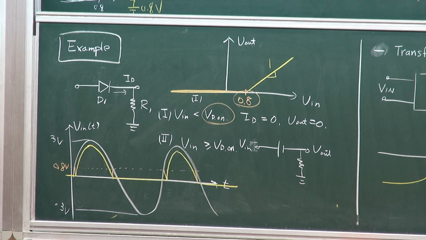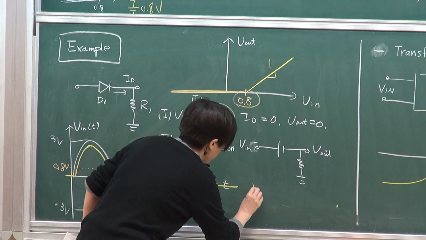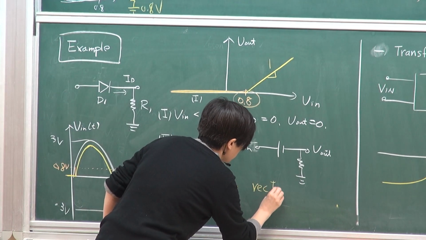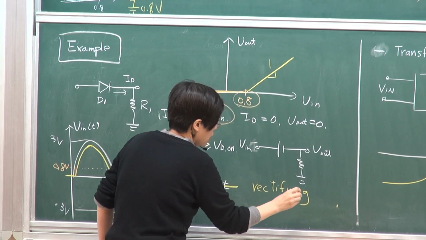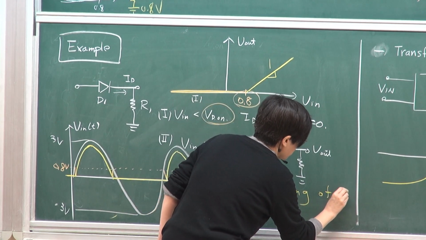So you're blocking the negative. That's how you turn an AC signal into a DC signal, or just a positive cycle, allowing only half the cycle to pass. This is called a rectifier.